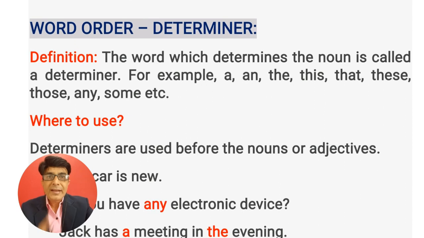And the next one is determiner. Determiner is the word which determines the noun. Words like a, an, the, this, that, those, these, any, some, few, little. These are the words which are known as determiners.